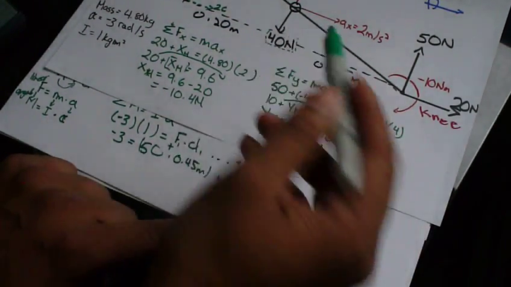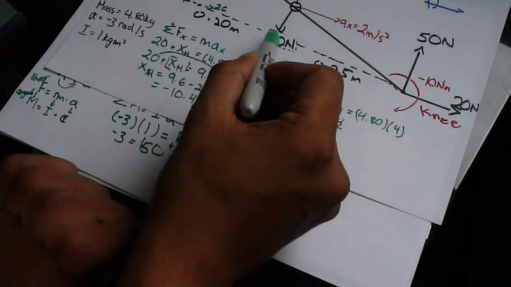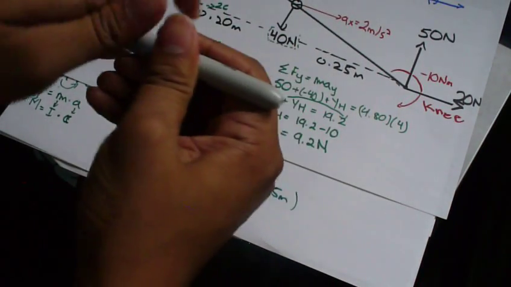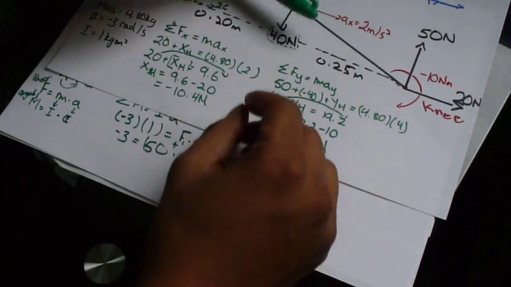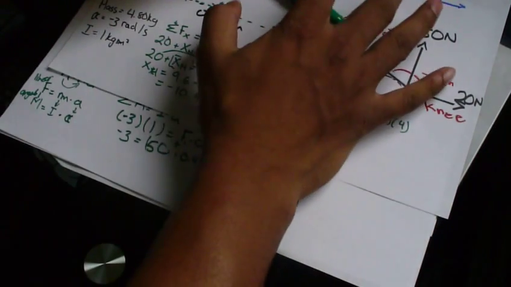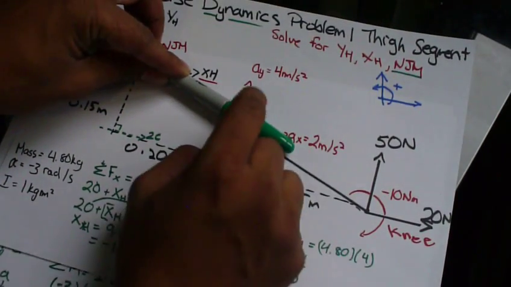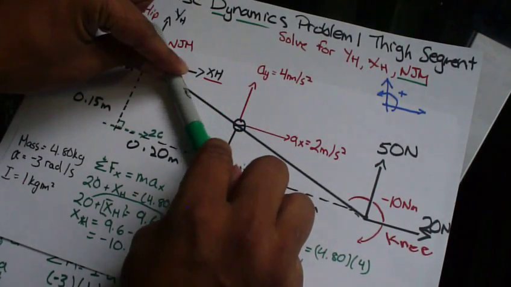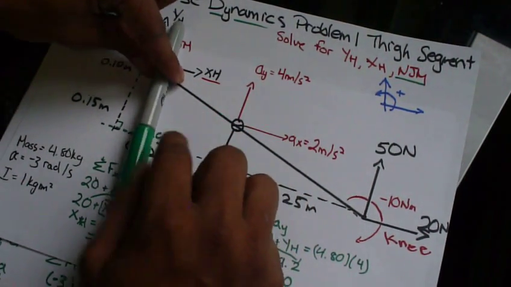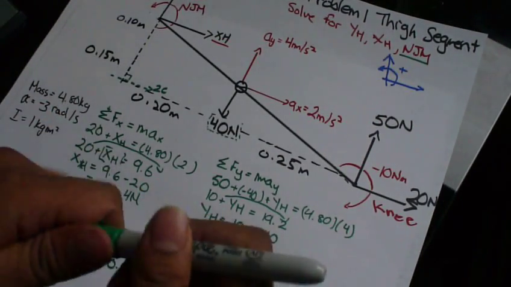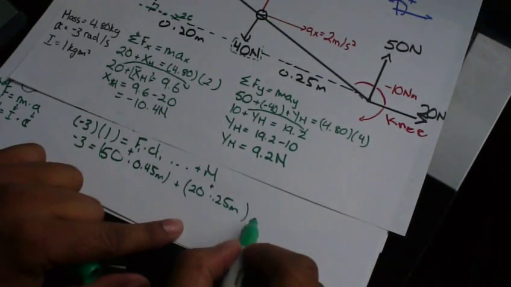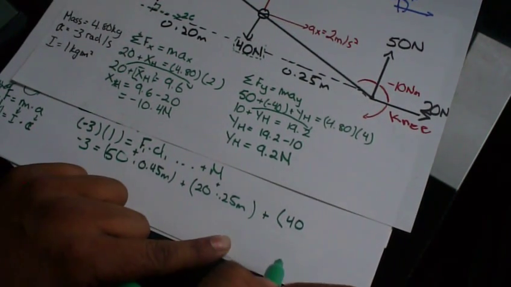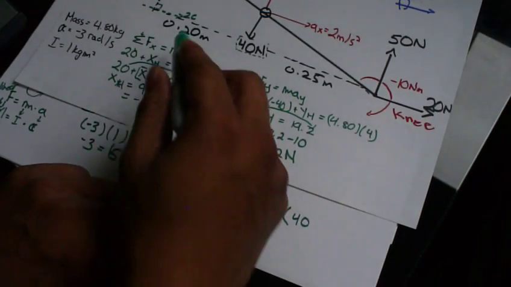Another moment that we have to take into account is the one due to gravity. So this is the center. Say if it's like this, and it's pulling us down, right, straight down. So this is creating, you see, it's going clockwise, so it's creating a negative moment. So add 40 by the perpendicular distance.